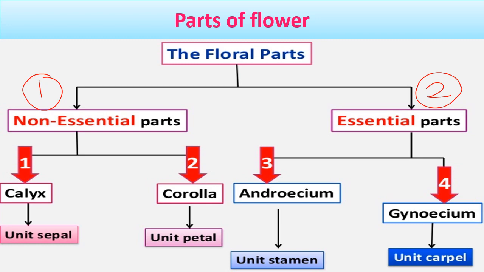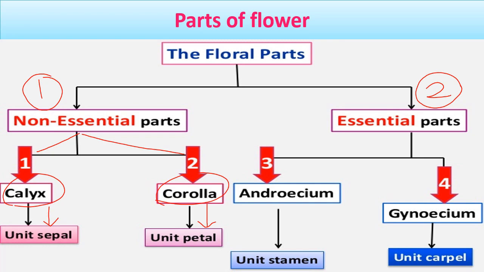Non-essential parts are again differentiated into two different parts. Out of that, first is calyx and the other is corolla. The member of calyx is called sepal, whereas the member of corolla is called petal.